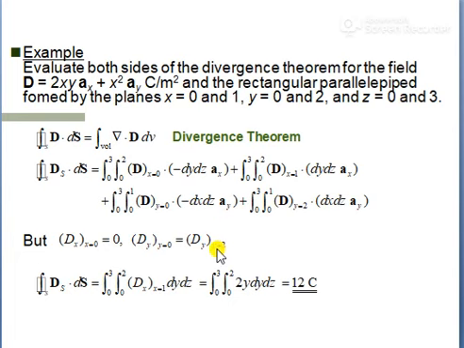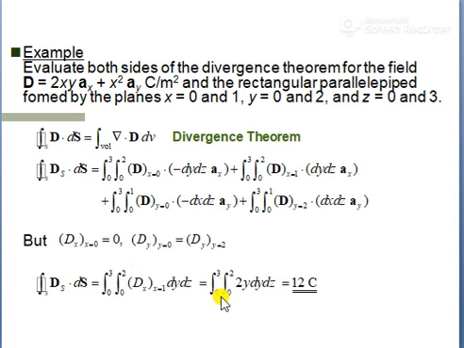Now here only this term will be 0 and this term will be 0, and only this is remaining, and this is also 0. Why is it 0? Because at this value the flux density is 0.